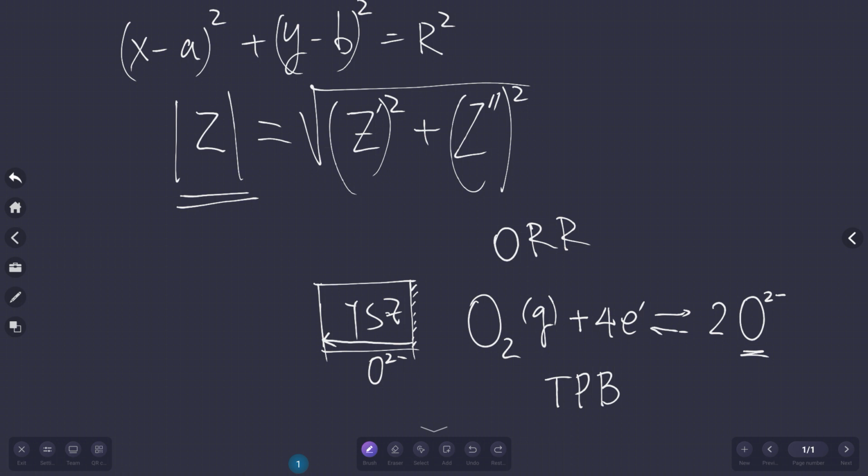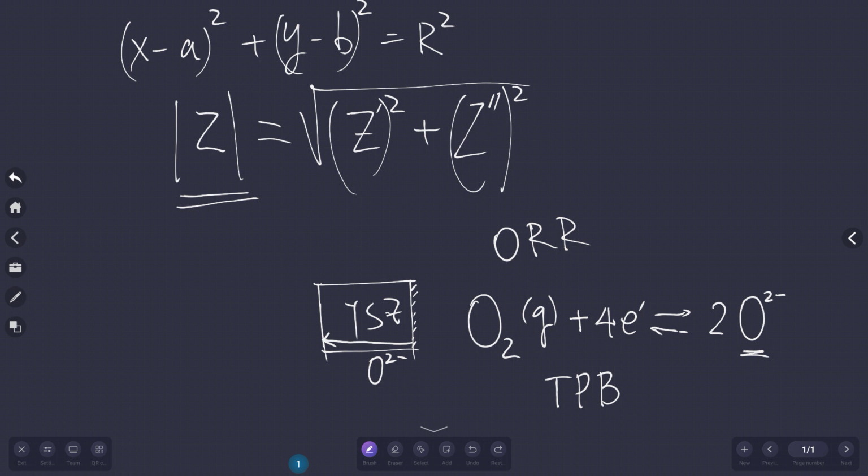One phase is your solid YSZ, another phase is your platinum, and the other phase is the gas phase. So wherever the platinum and YSZ are meeting with the oxygen molecule, that's your TPB. That's where this reaction is happening, which is the most important reaction in your device.